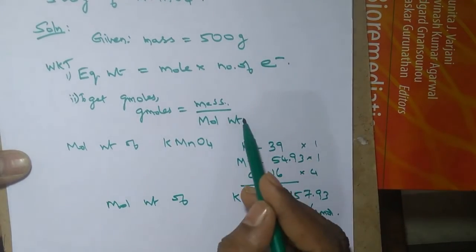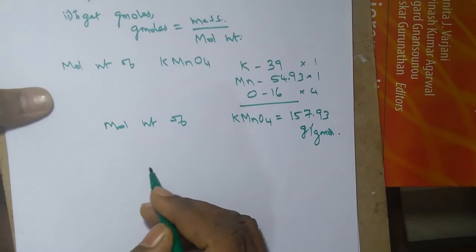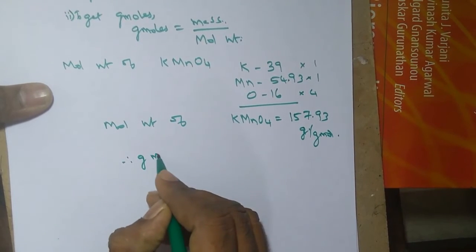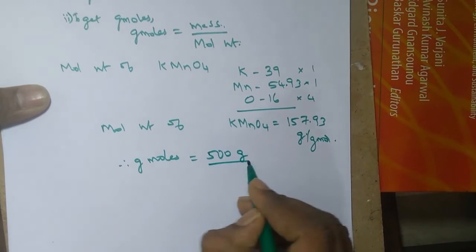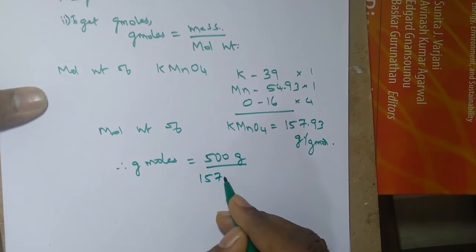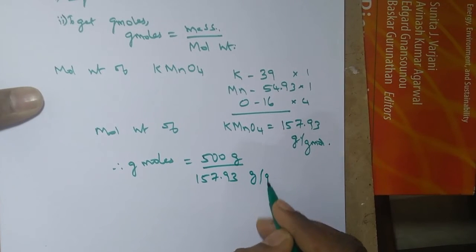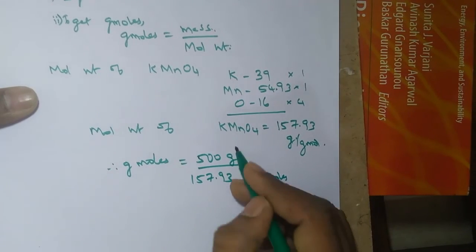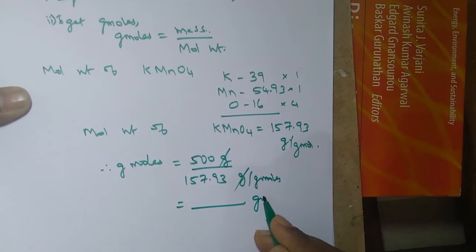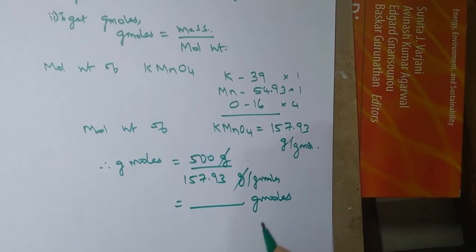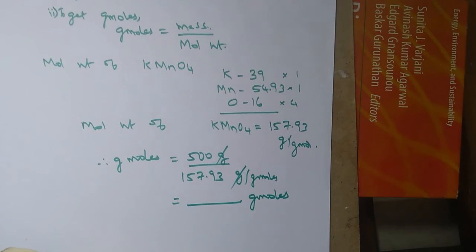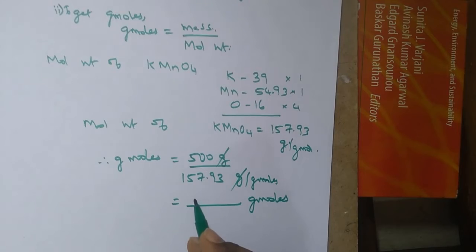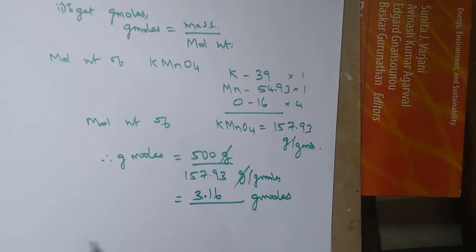So gram moles is equal to 500 grams divided by 157.93 gram per gram mole. Grams get cancelled, so we get gram moles. Please do it in your calculator: 500 by 157.93. What is the answer? 3.16 gram moles.